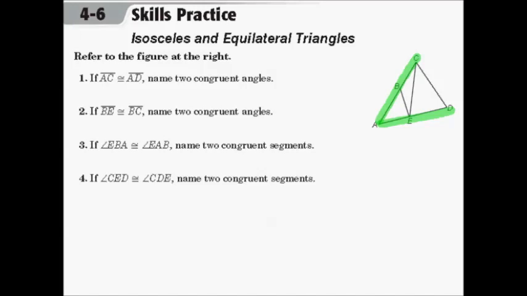So I have to say ACD. And then angle D, I can just say angle D because there's only one angle there. So across from side AC is angle D. Across from side AD is angle ACD. So those two are congruent.